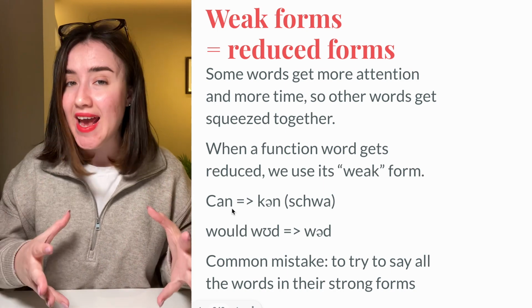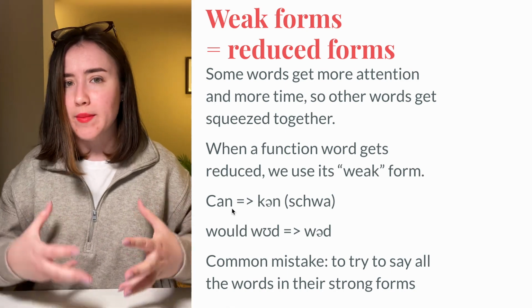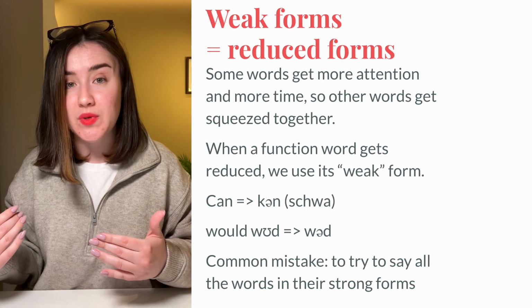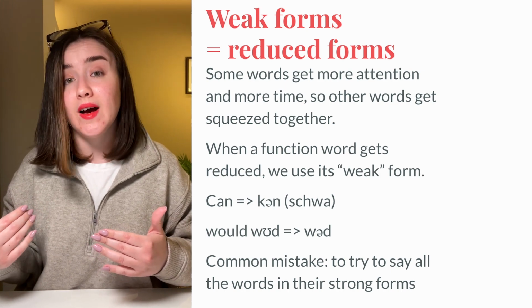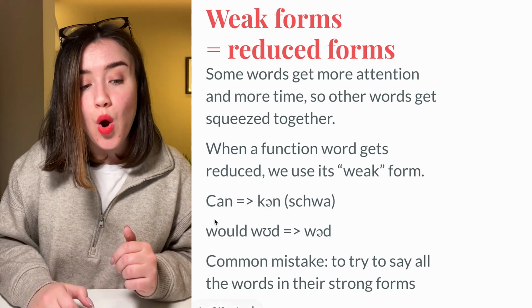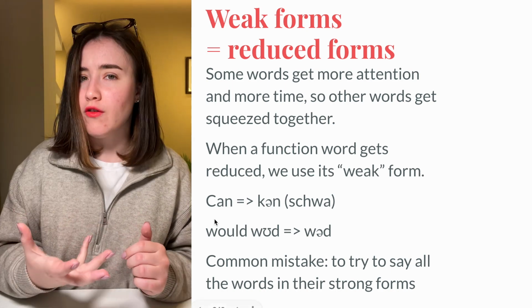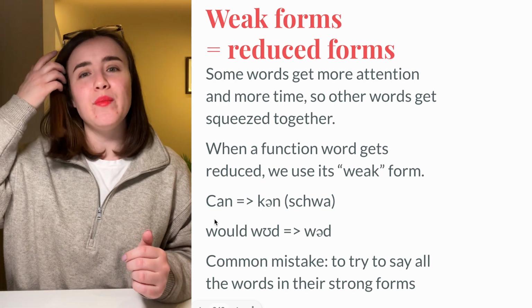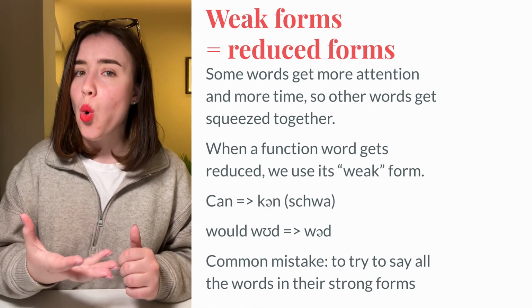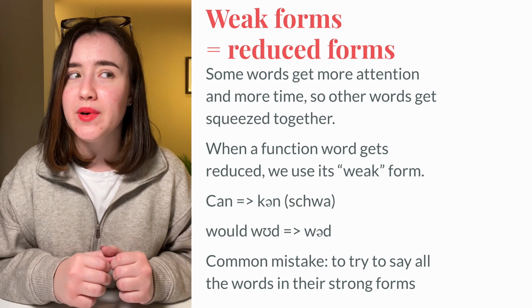The word can, it's the strong form, can, but it's almost never going to sound like that in real speech. It's going to be like, I can do it. I can do it, okay? Would is the strong form, would, okay? But the weak form is going to be would. For is the strong form, but it's going to be for.